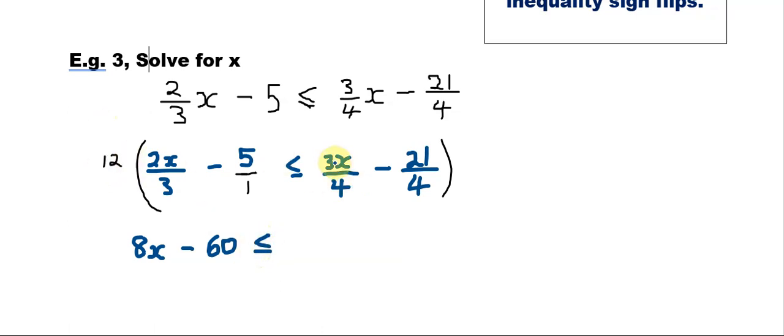Now 12 times 3x over 4, well, the 4 will go into the 12 3 times, and then the 3 now is multiplied by the 3x, so we will have 9x. And then now 12 times -21 over 4, same process, 4 into 12 3 times, and 3 times -21 is -63. So there we go, we have removed all denominators.